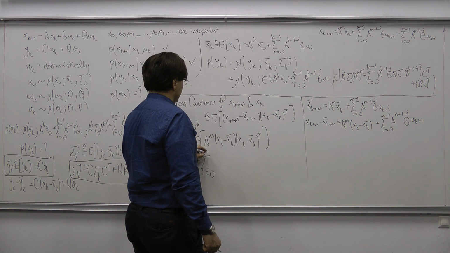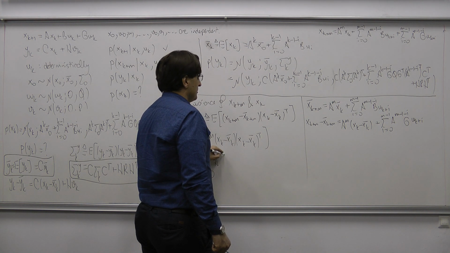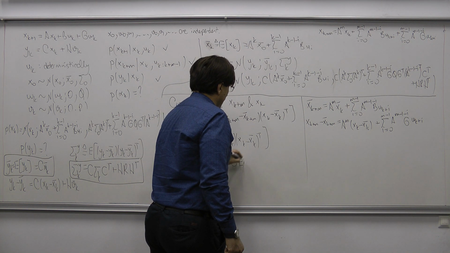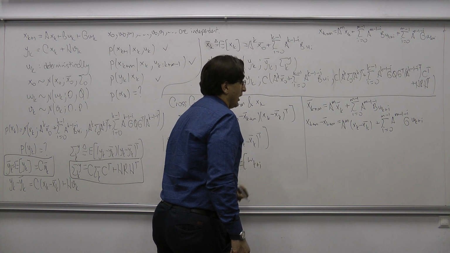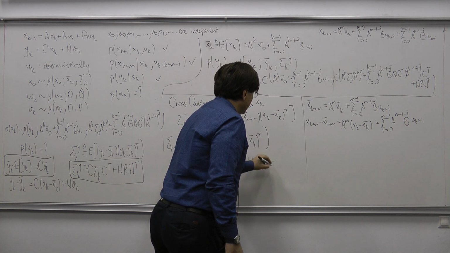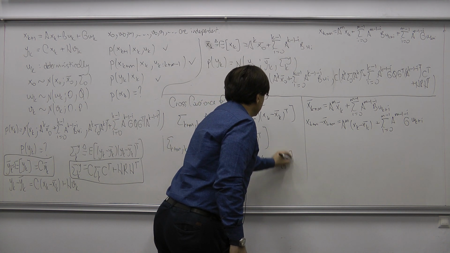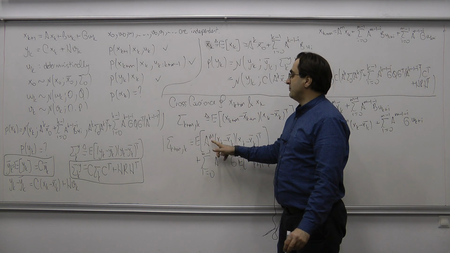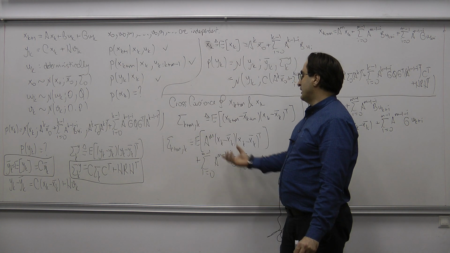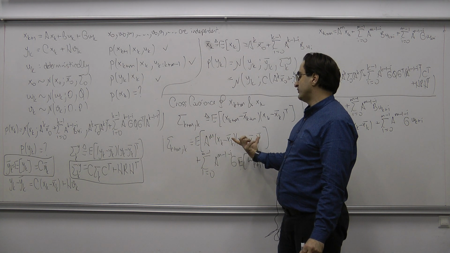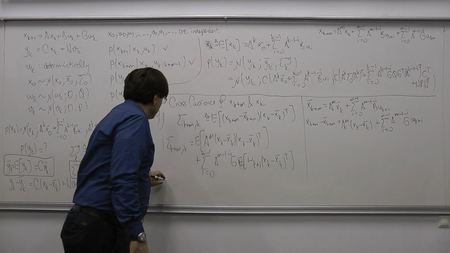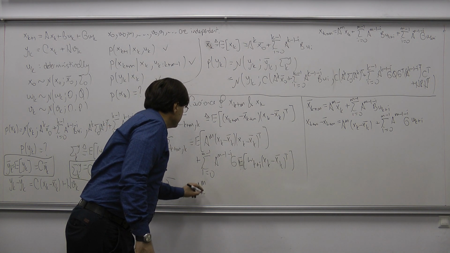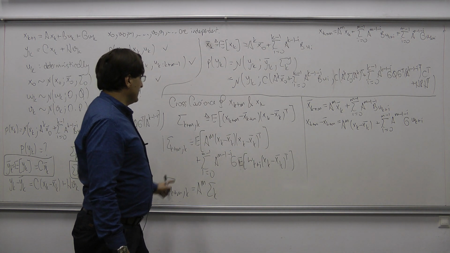Expectation can always enter into a summation. A^(m-1-i) G, and I will write the expected value now, w(k+i), and I have (xk minus xk bar) transpose. Okay? So now you see that this A^m can get outside the expectation, and I will take the expectation of the rest, which is sigma k. Okay?